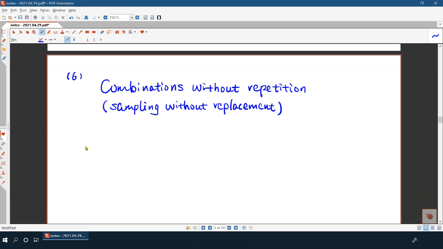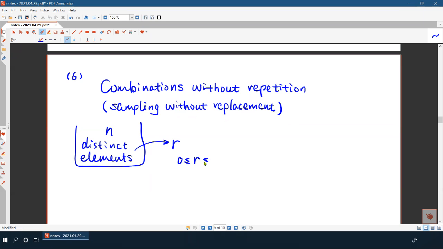This model says that suppose we have a collection of n distinct elements, and the task is to choose R elements out of the n. Note that R is between 0 and n, right?